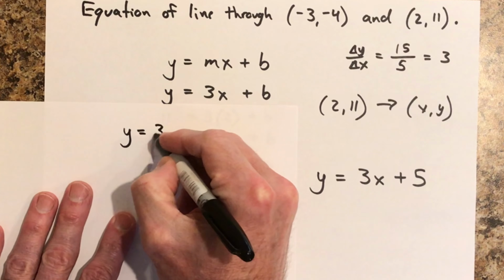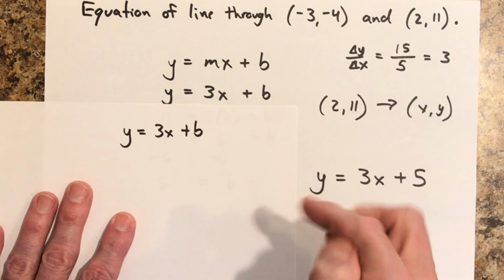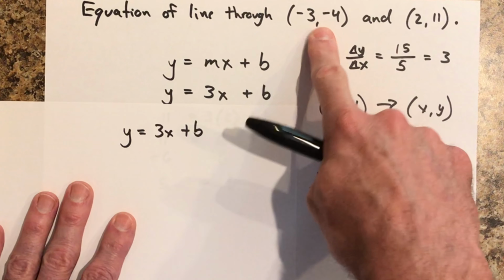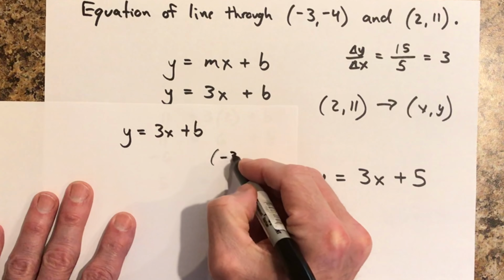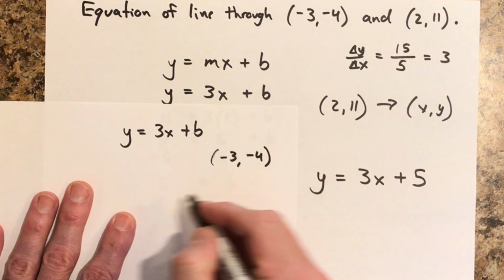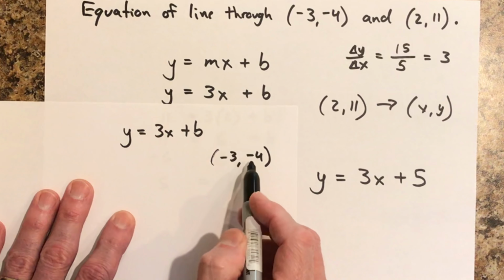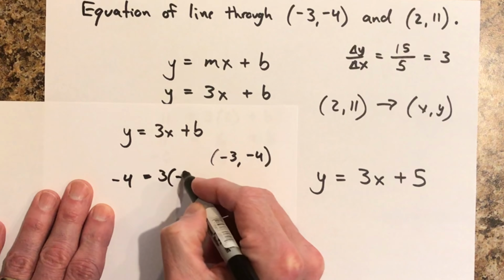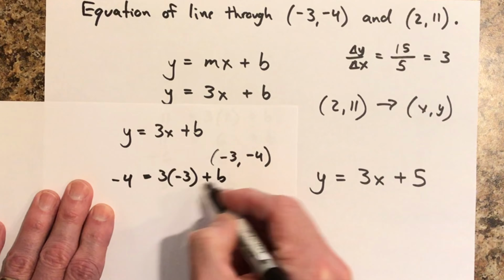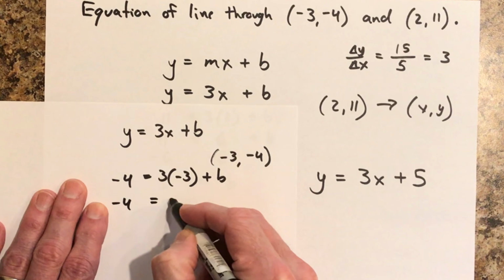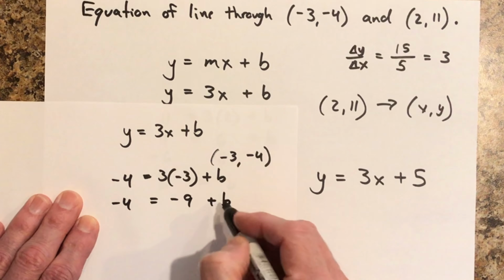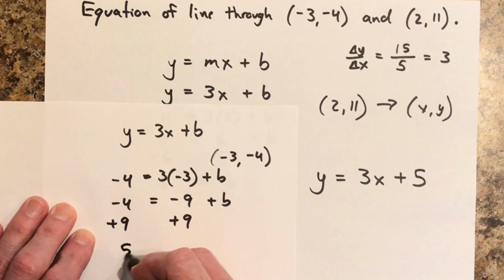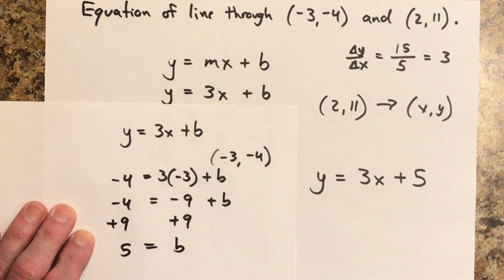So y = 3x + b. This time, instead of using (2, 11), let's use (-3, -4). So just as we did before, we'll replace y with -4, and we'll replace x with -3. Simplifying, add 9 to both sides, and sure enough, we get 5.